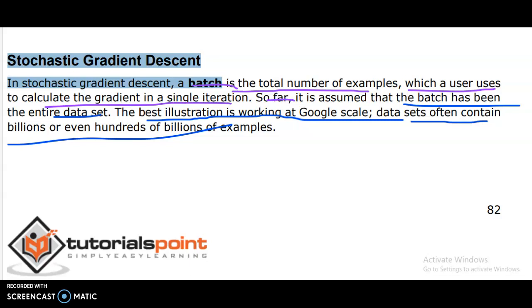So far, it is assumed that the batch has been the entire data set. Google-scale data sets often contain billions or even hundreds of billions of examples.